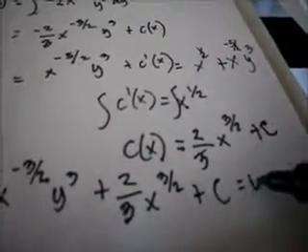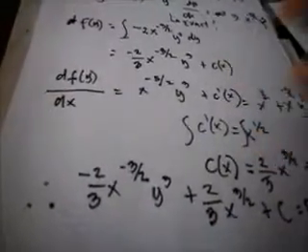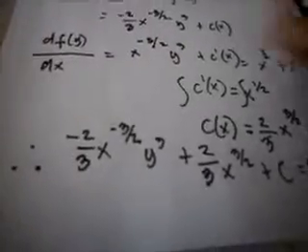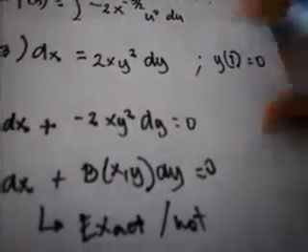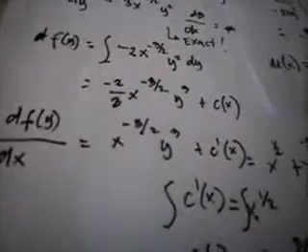Since this is an initial value problem, we need to substitute the value of x and y. Our condition is y of 1 equals 0, so let's substitute x as 1 and y as 0.